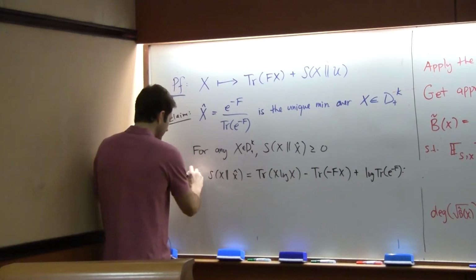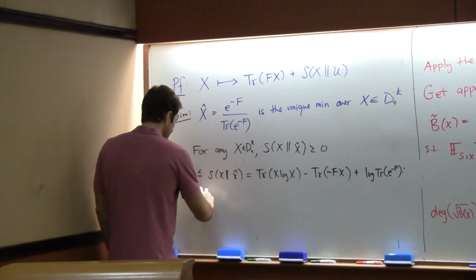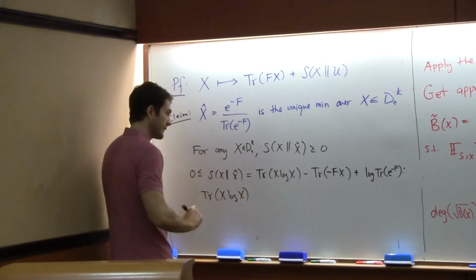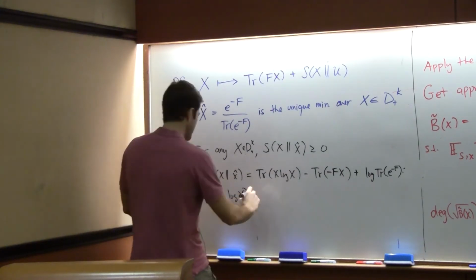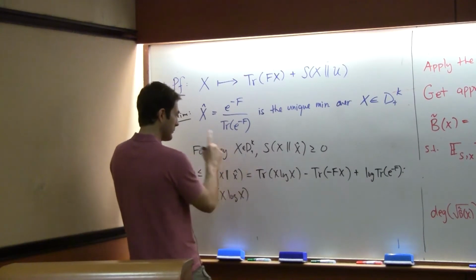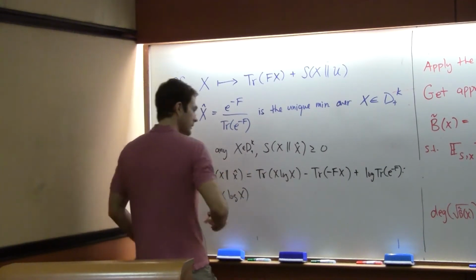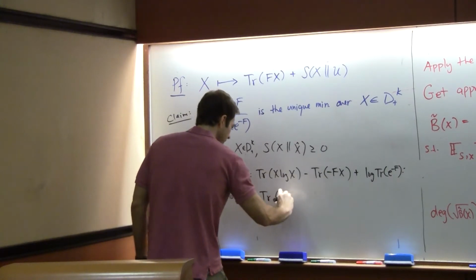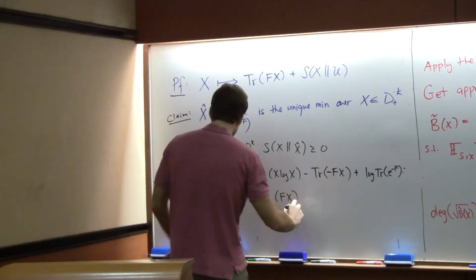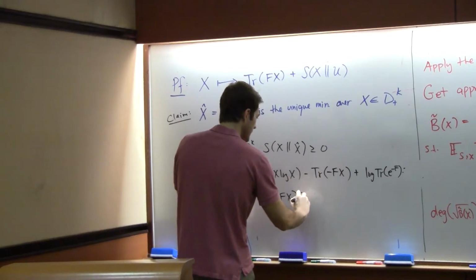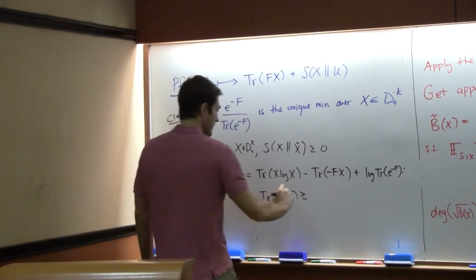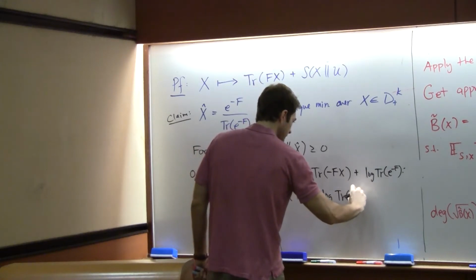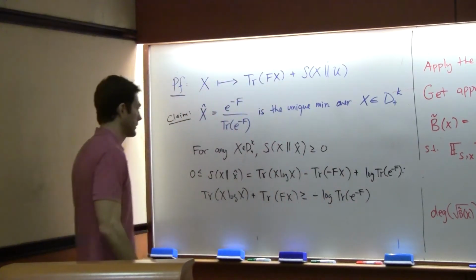And the fact that it's non-negative means what? It means that trace x log x, move this over to this side, is at most, plus this, minus, is at least minus log trace e to the minus f.